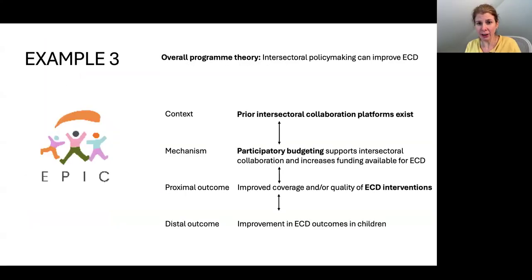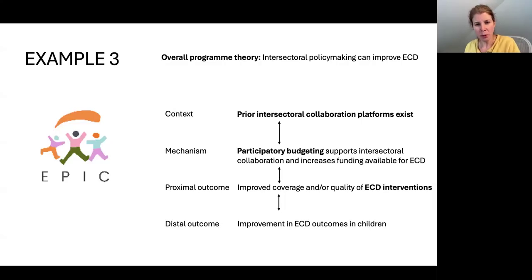But you can imagine that in a complex policy intervention like EPIC, you have many potential mechanisms at play. You have models of governance, you have participatory budgeting, you have maybe children's participation in feeding into the policy process.